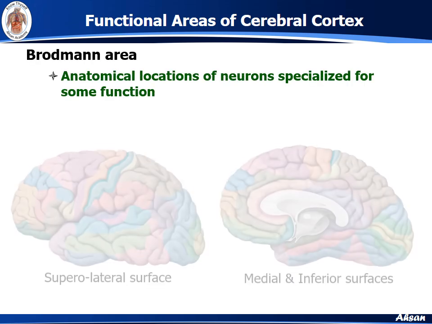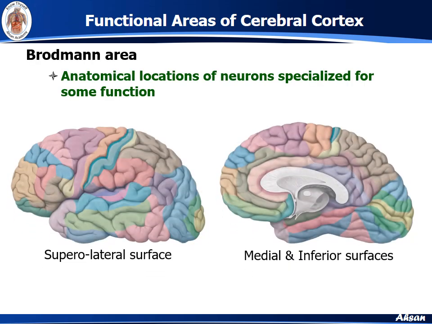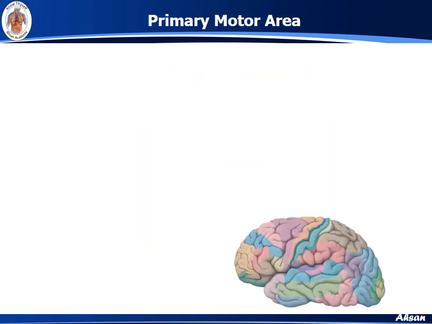The Brodmann's areas are anatomical locations of neurons specialized to do some functions. They collect there to do some motor function or receive some sensory function of a special type. Let us discuss one by one.